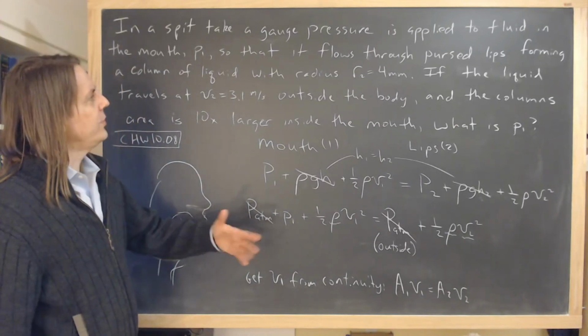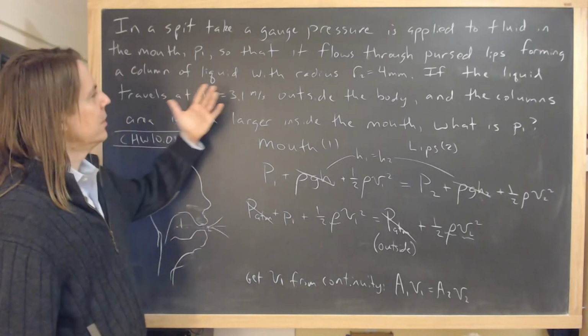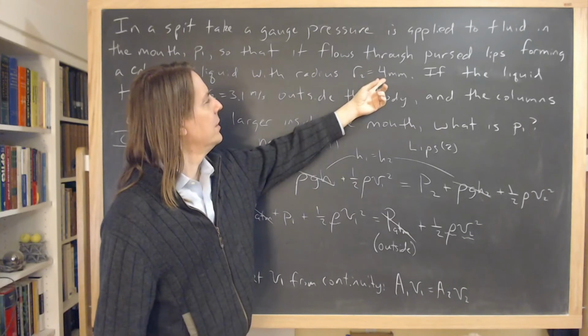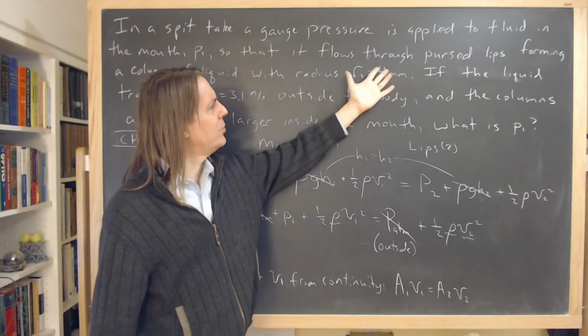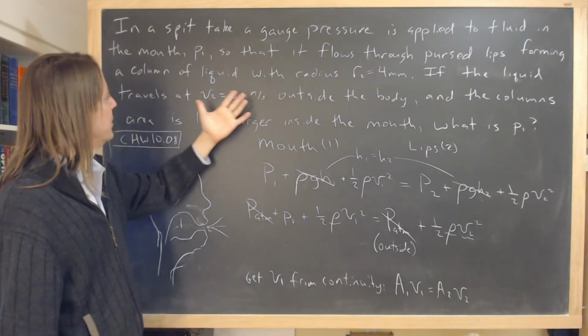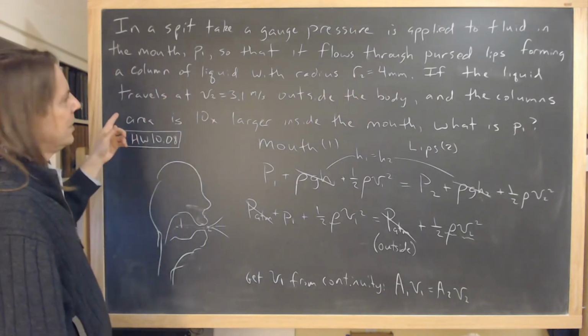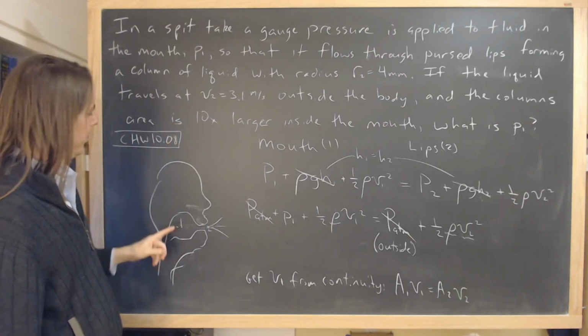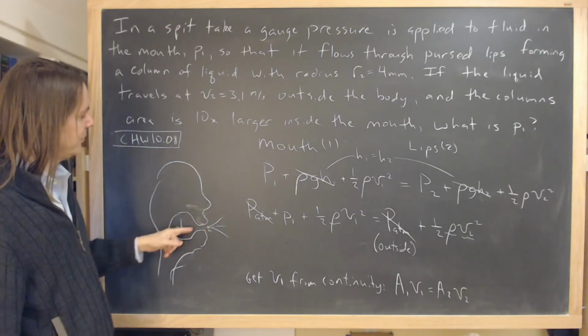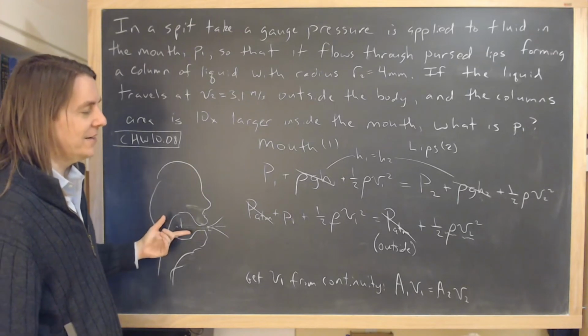Now let's see, cross-sectional areas. We could calculate this one. It's pi r squared, where r is 4 millimeters. We actually don't have to do a lot of calculations because we were told what we need to know is that the column's area is 10 times larger inside the mouth than at the lips. So basically we know A1 over A2 is 10.